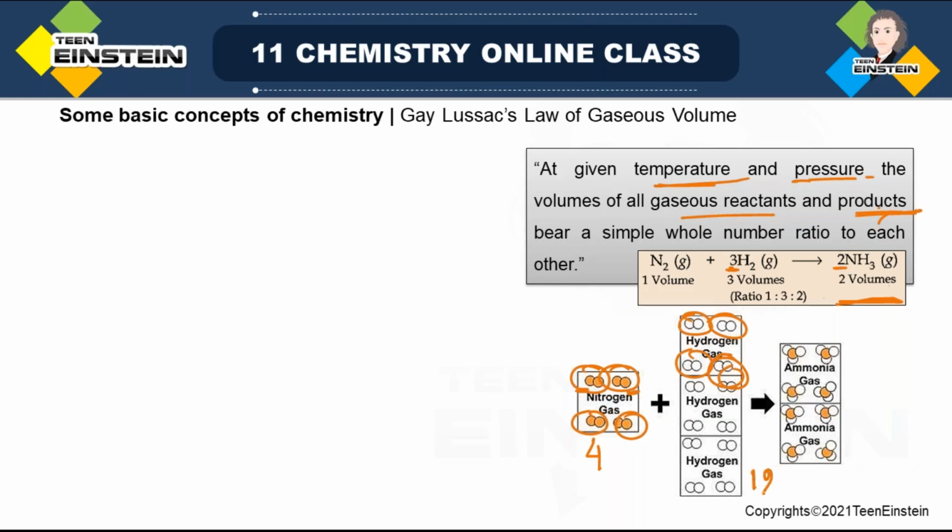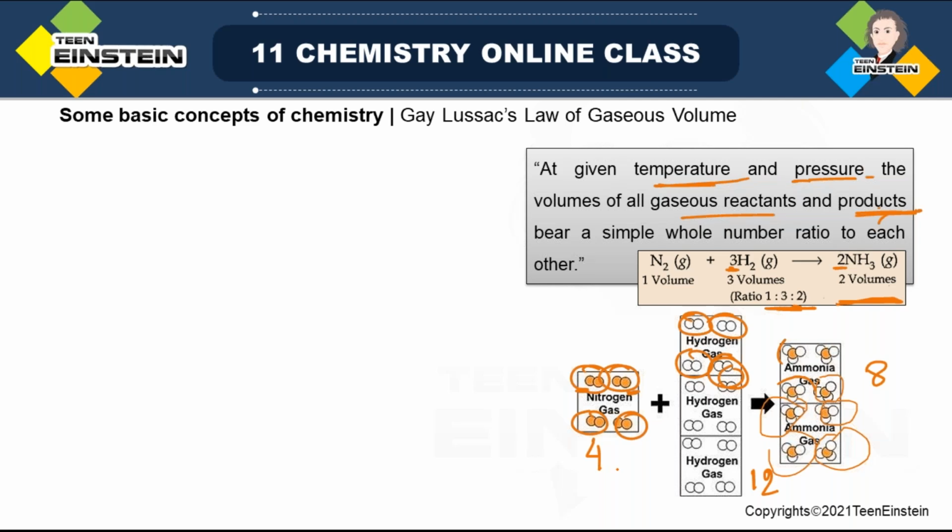So 4 into 3, it is 12. And how many ammonia molecules are there? It is triatomic. 1, 2, 3, 4, 5, 6, 7, 8. So total 8. So here the ratio is 4:12:8.